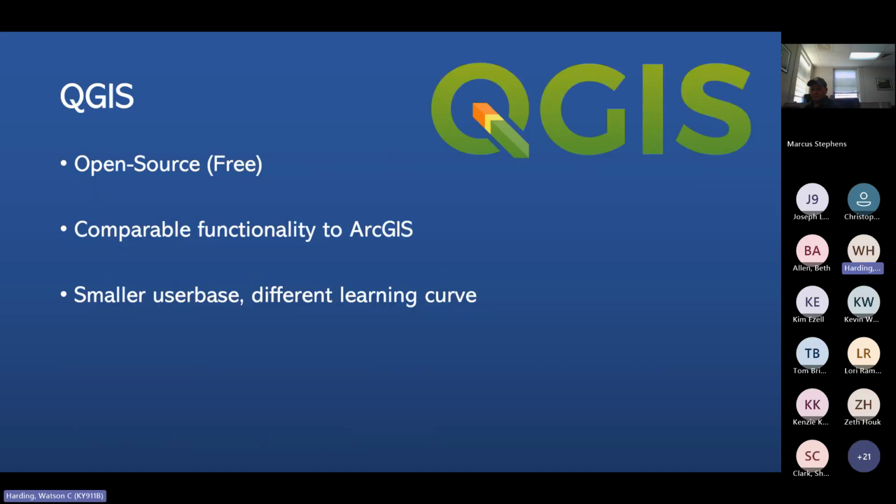So QGIS is another option. As I mentioned, it's open source, aka free. And really, it's come a long way in terms of comparable functionality to ArcGIS. There are some proprietary ESRI data types that there have been conversions developed to work with in QGIS, and kind of the secret is QGIS and Esri aren't fully independent environments.